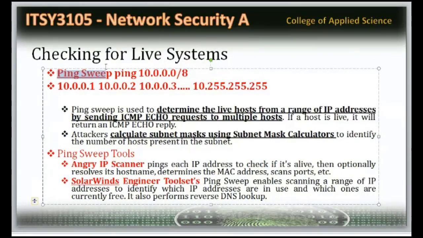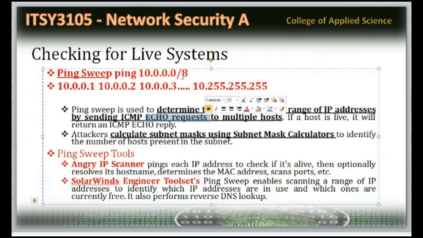But here, we are going to give a range of IP addresses, to determine the live hosts from a range of IP addresses. You give the echo request, and automatically you will get the reply. The reply may come from 100 machines, 200 machines, 300 machines. So you can easily find how many computers are on in the target.